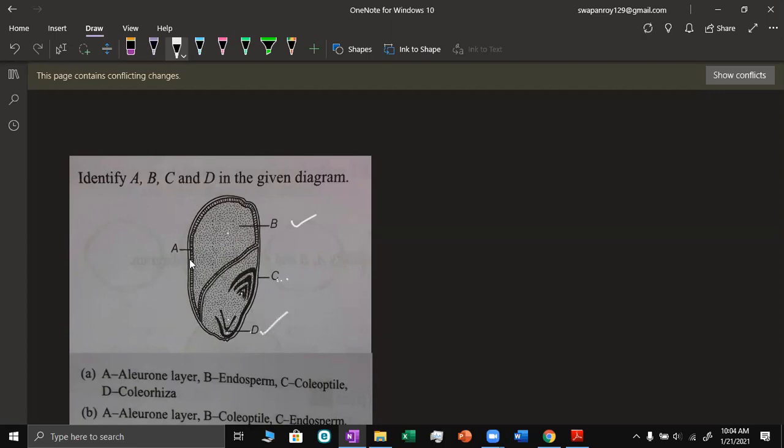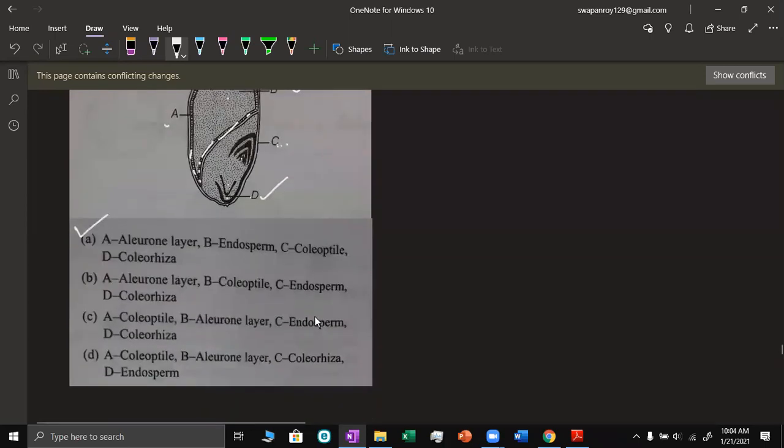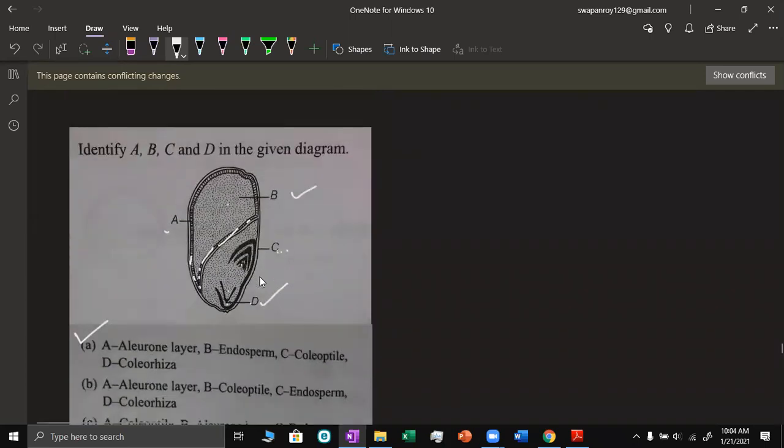And this layer on the side is the proteinaceous layer known as the aleurone layer. So the correct option is A: A is aleurone, B endosperm, C coleoptile, D coleorhiza.